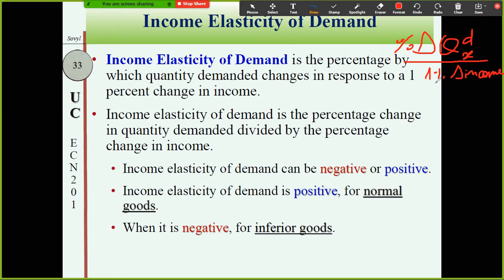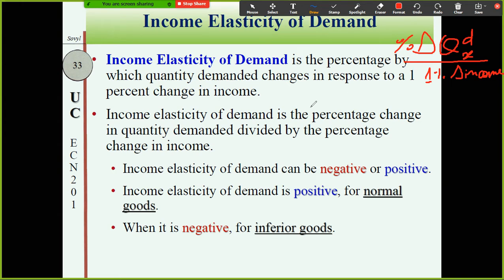Okay, that means when the income of the buyer changes by 1%, how many percentage does this buyer change their consumption for good X? That's why this is called income.